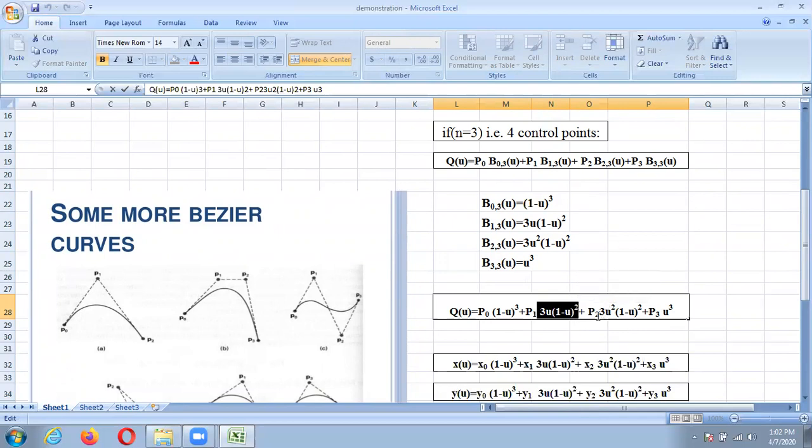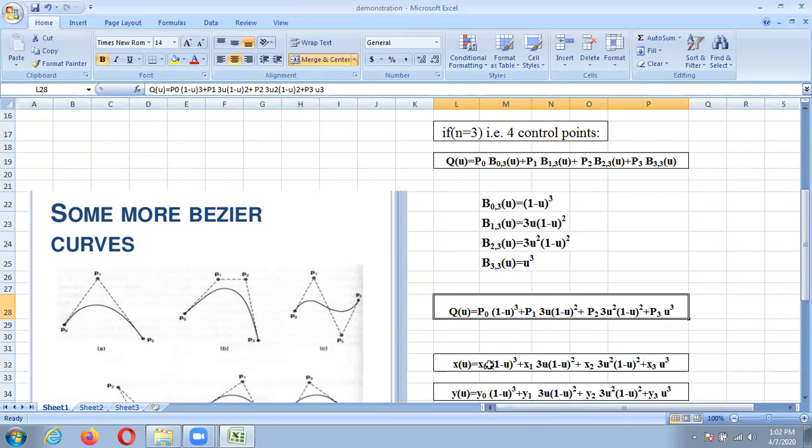So after that, each control point requires x and y coordinates, so instead of q of u, for x of u we write the same function, but instead of p0 we write x0 for each point. To plot p0 we require x0, y0, to plot p1 we require x1, y1, to plot p2, x2, y2, and p3 we require x3, y3.